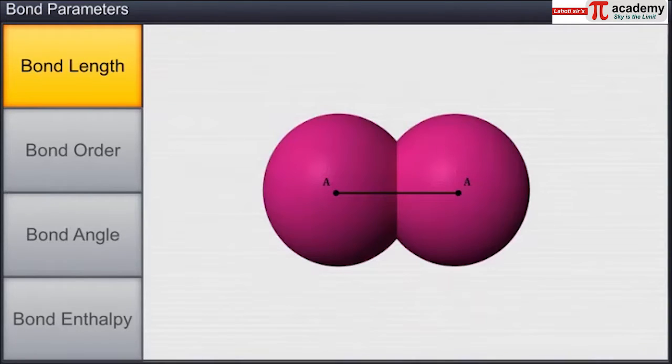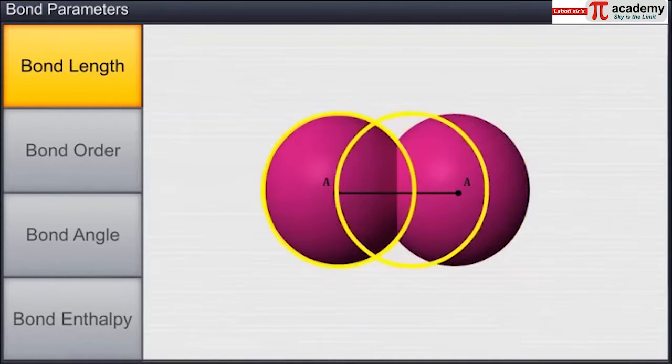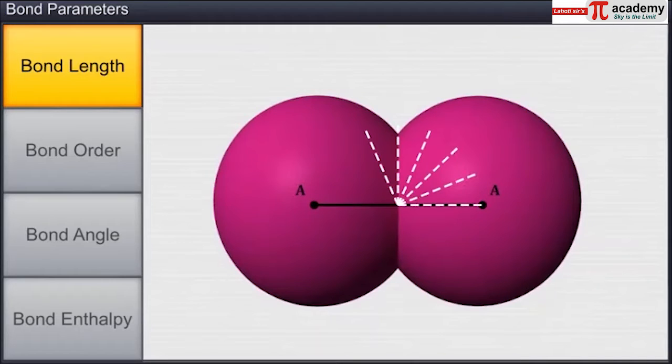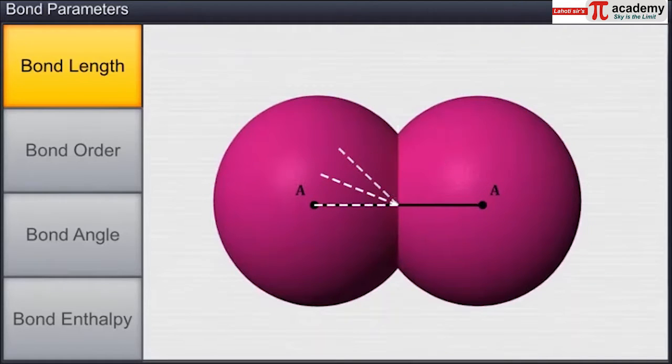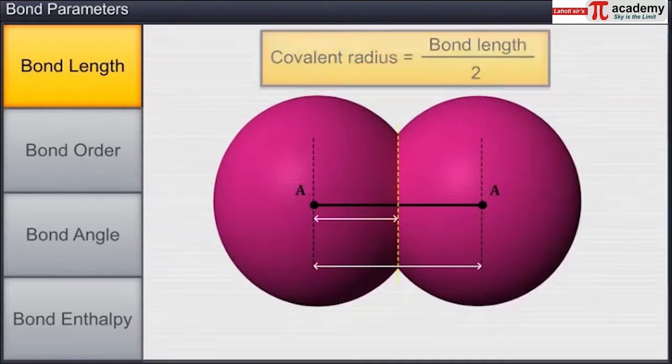In a molecule containing similar atoms, the size of the atoms is the same. Hence, their radii will be the same. In such cases, the covalent radius is half the internuclear distance between the bonded atoms.